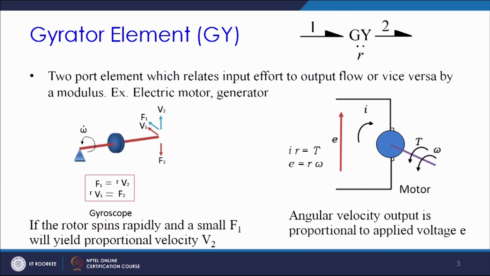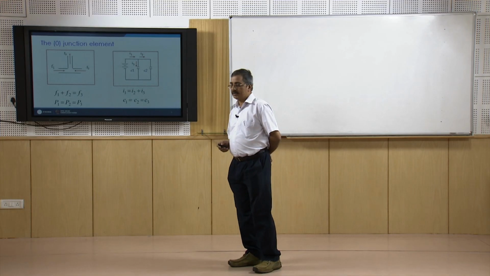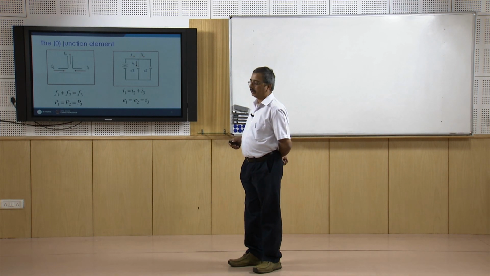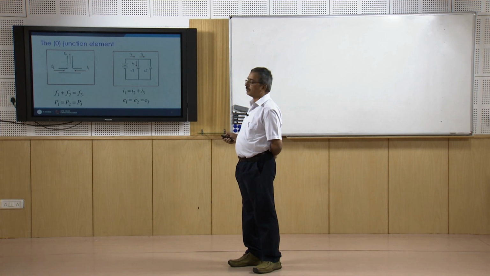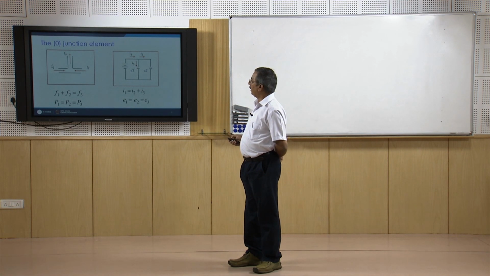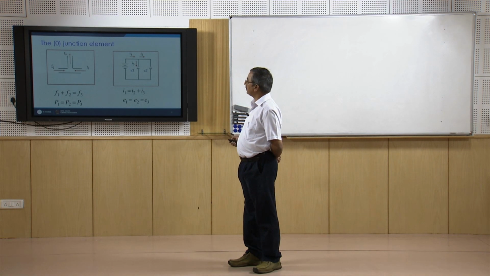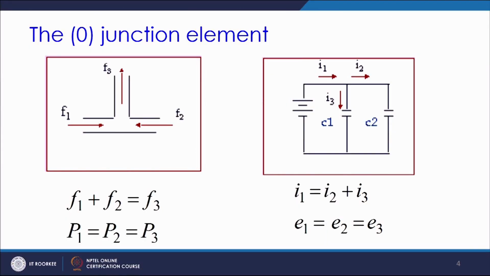Now, the zero junction elements we have been talking about are basically the constant effort junction. In case of the zero junction, suppose this is the scenario, the flow of liquid through pipes. Here F1 flow is coming from here, F2 coming from here, and F3 is going out.